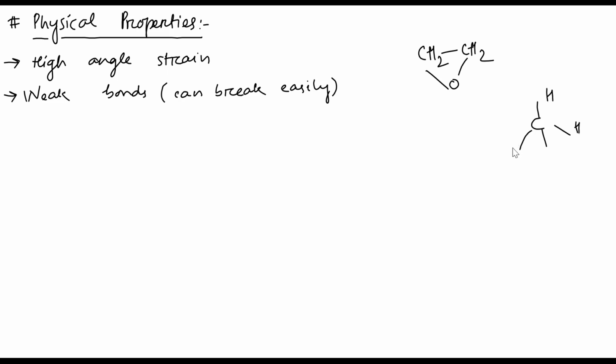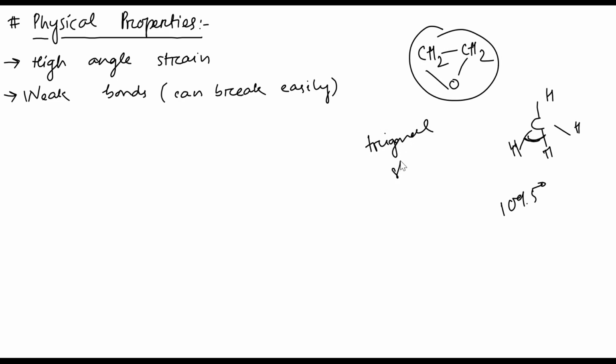The angle between two bonds is 109.5 degrees. But here, as this is a trigonal structure, the angle is around 60 degrees. So instead of 109.5 degrees, we are getting 60 degrees.